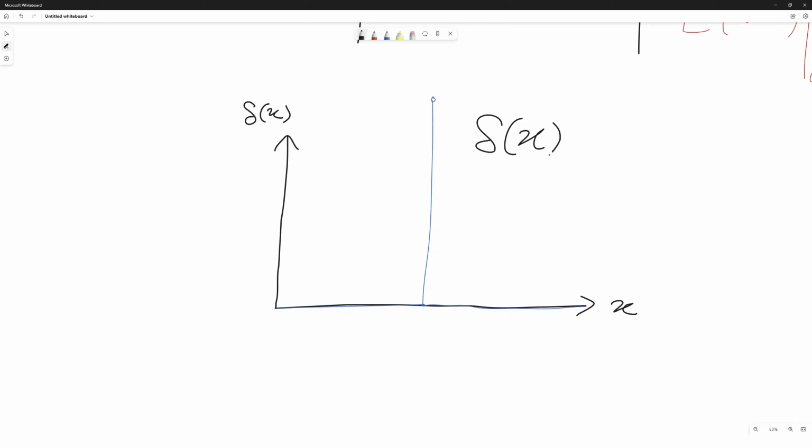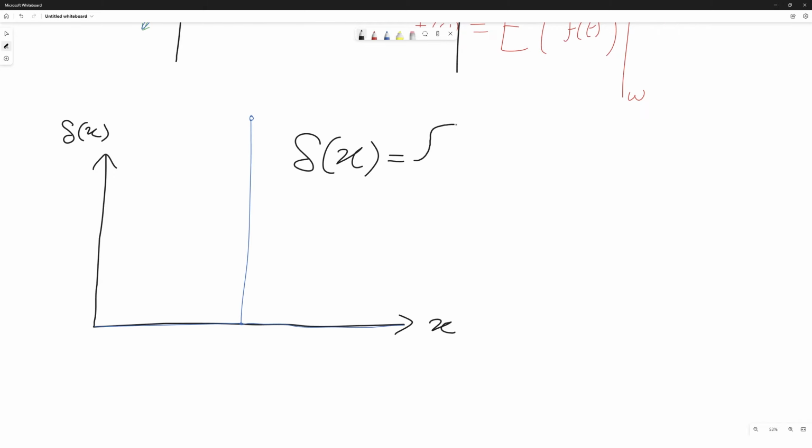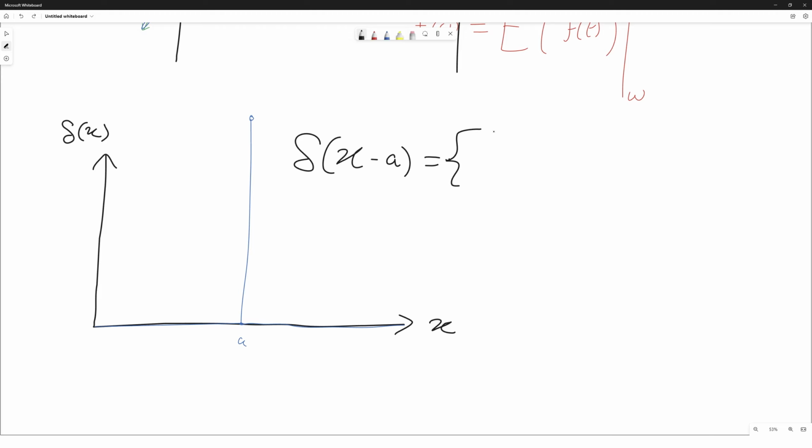And in fact, the Dirac delta function's definition is a piecewise function where, let's say this is x minus a, so we're just translating it, and let's call this point a. If x is equal to a, then this function, sorry, it's not equal to 1, but rather it is undefined for x equal to a, but it is 0 otherwise, so when x is not a.